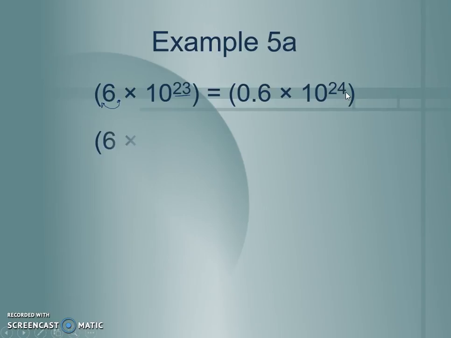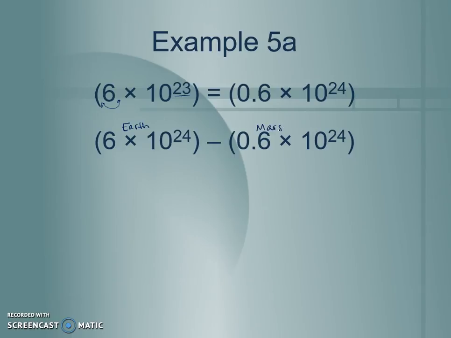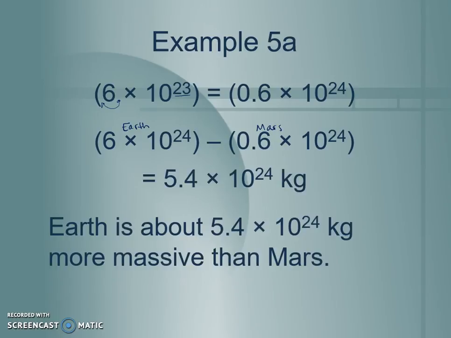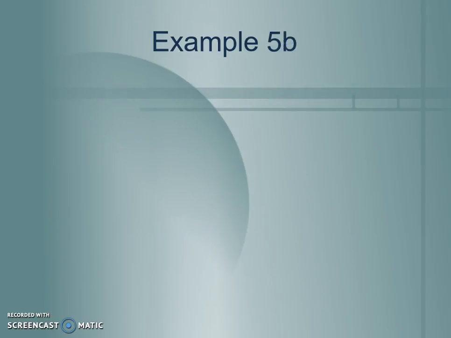Now we can go ahead and subtract. 6 times 10 to the 24th, remember that was Earth. And Mars. And we get 5.4 times 10 to the 24th kilograms, where we can conclude that Earth is about 5.4 times 10 to the 24th kilograms more massive than Mars.